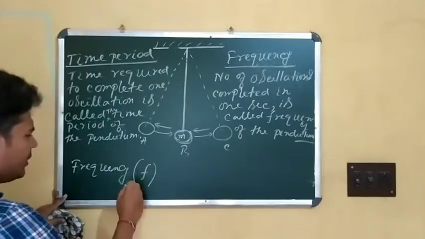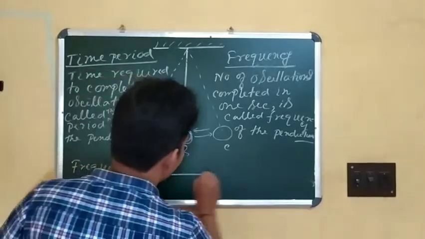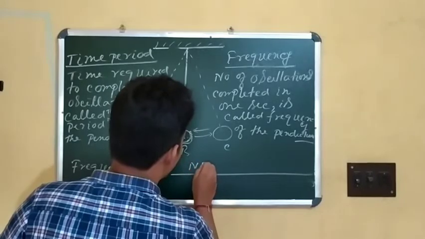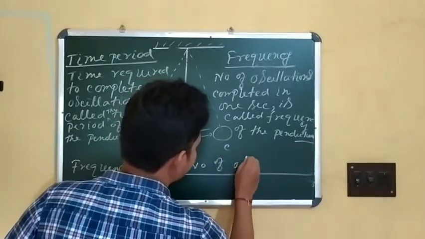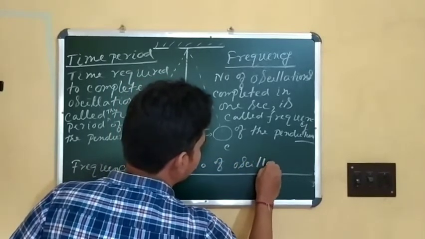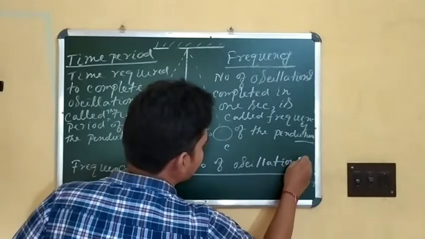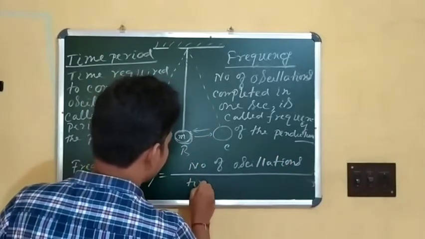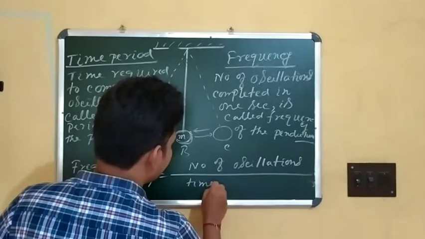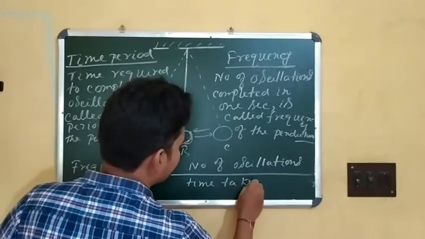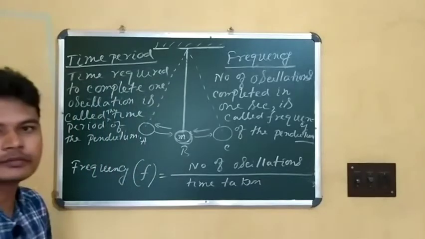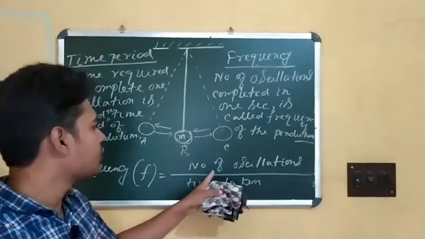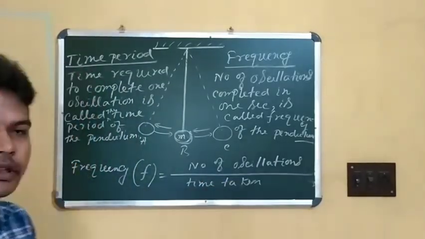Okay, I have written small f equals number of oscillations by time taken. Okay, time taken to complete such number of oscillations.